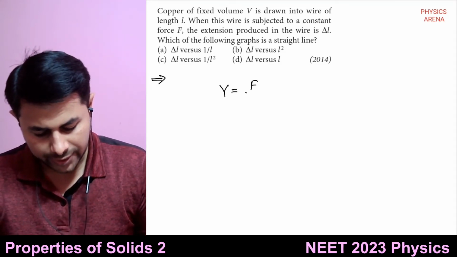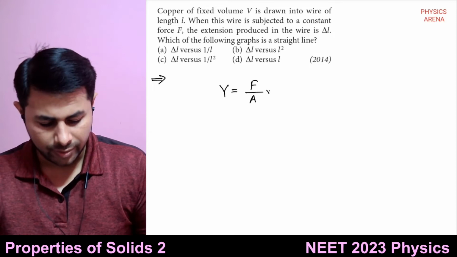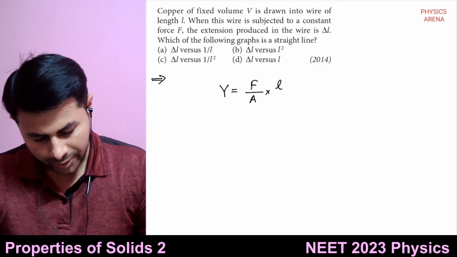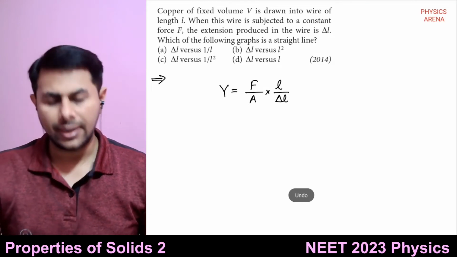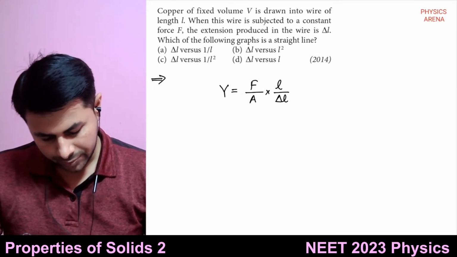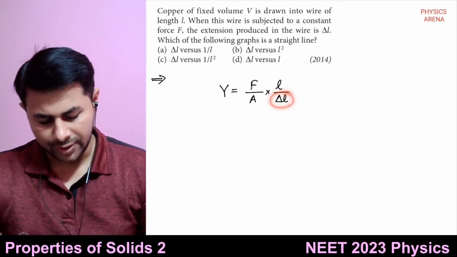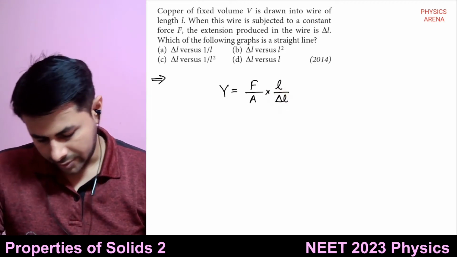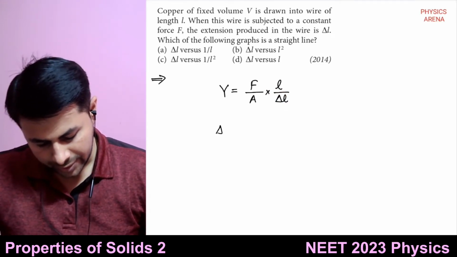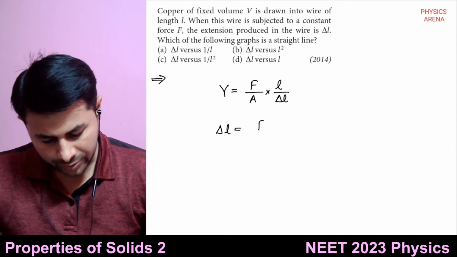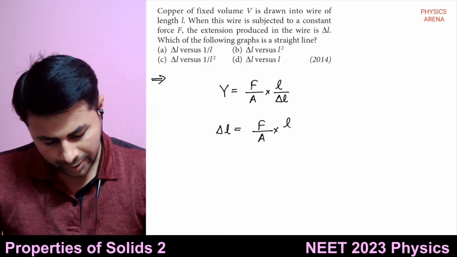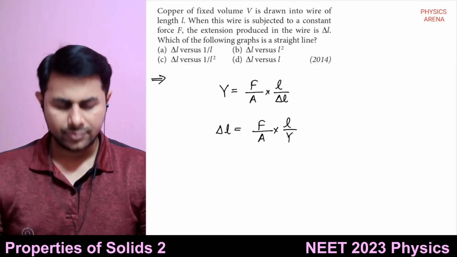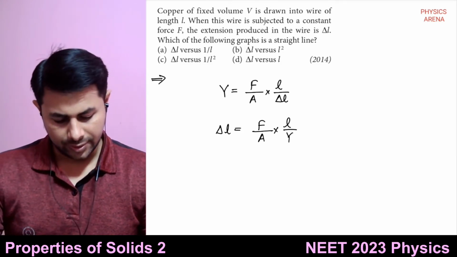So Young's modulus is F upon A multiplied by L upon delta L, right? Now if I move this delta L to the left-hand side, what can I say? Delta L is equal to F upon A multiplied by L upon Y, right?